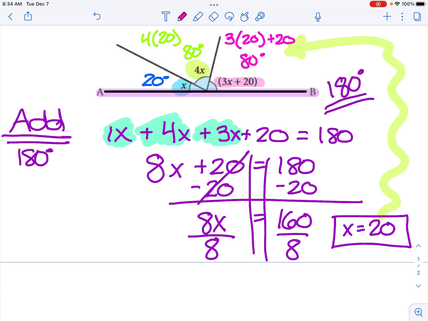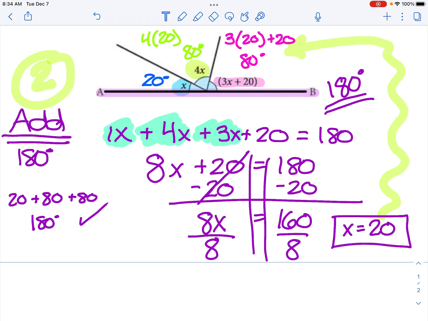And if I wanted to, I could double check at the end and make sure that these three numbers, 20, 80, and 80, add up to that 180-degree straight line, and in this case, they do. So this is the second option for your angle equations. Sometimes you're going to have to add them up.